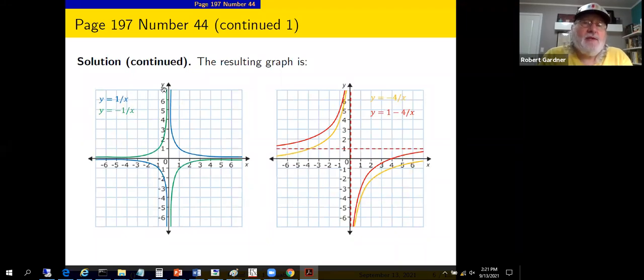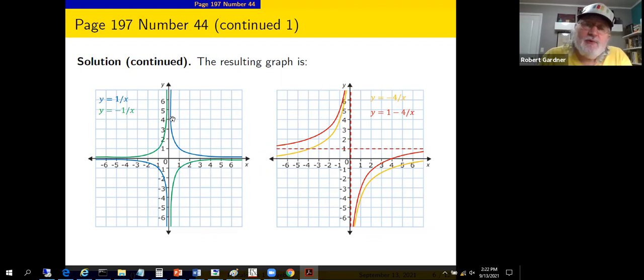y equals 1 over x. It's in blue. Actually, it's the shape of a hyperbola, in the 3rd quadrant and the 1st quadrant. First step was to reflect that about the x-axis. We replaced function values with their negatives. So imagine taking this 1st quadrant piece and reflecting it about the x-axis.